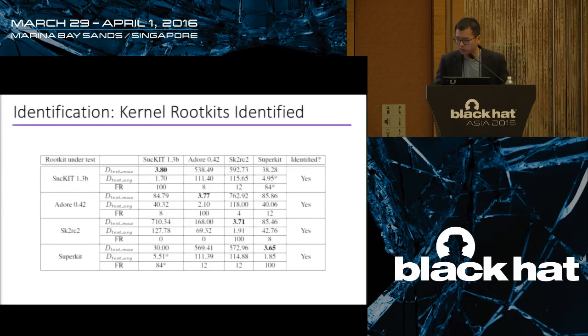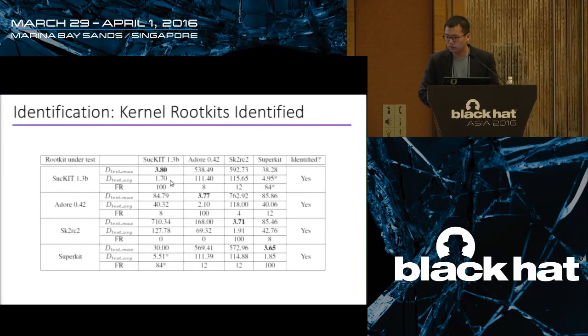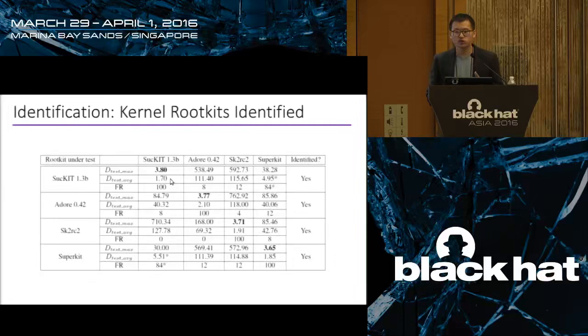Okay, so we ran some experiments, and what you can see is that the rows are different rootkit types, and the columns are also different rootkit types. If the deviation is low between two rootkits, that means they are the same rootkit.